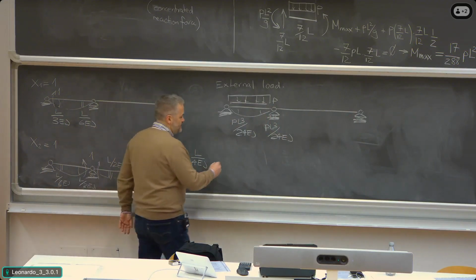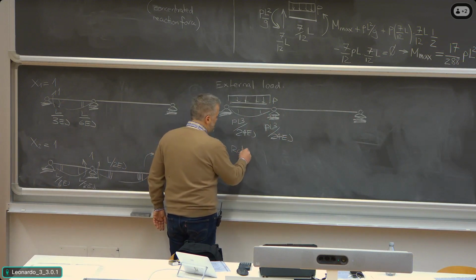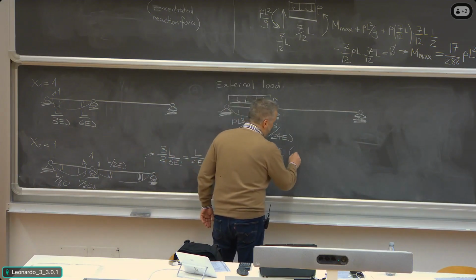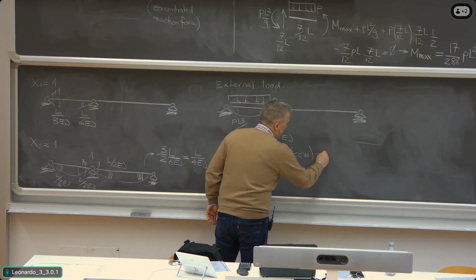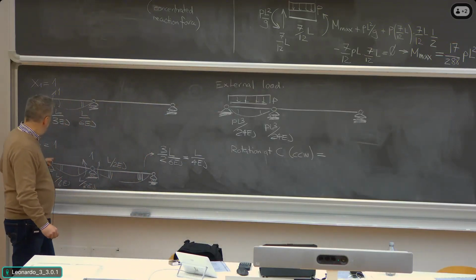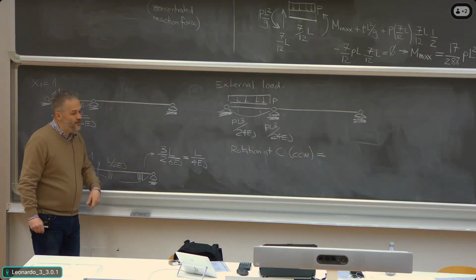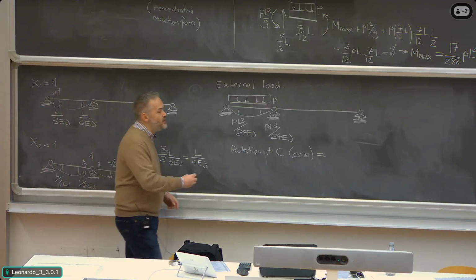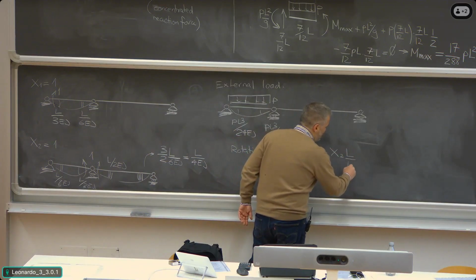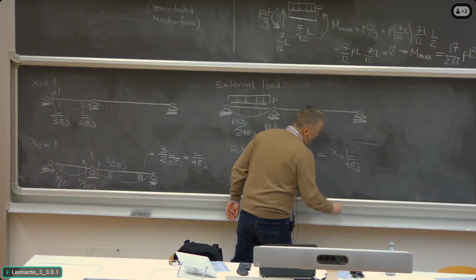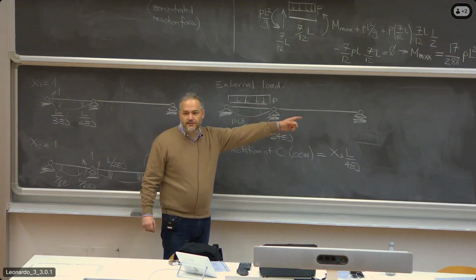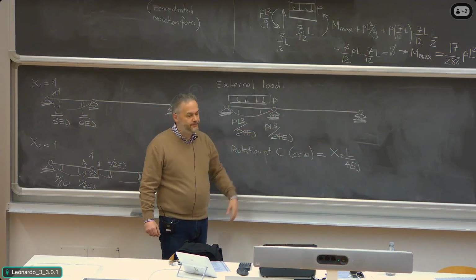I can either say rotation at C counterclockwise is equal to what? 0 plus x2 equal to 1, it's L over 4EJ counterclockwise, so in reality it will be x2 times L over 4EJ, and then 0 for the external load, so nothing.